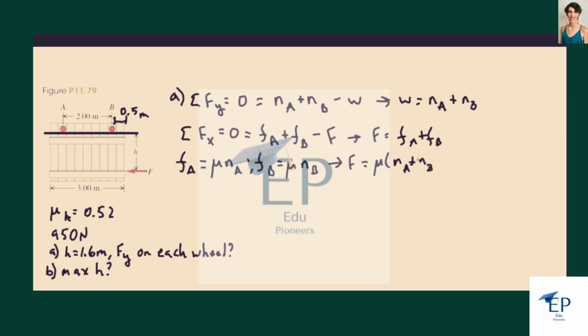And we know that the sum of the normal forces is the weight. And so putting in our numbers there, we get 494 newtons.